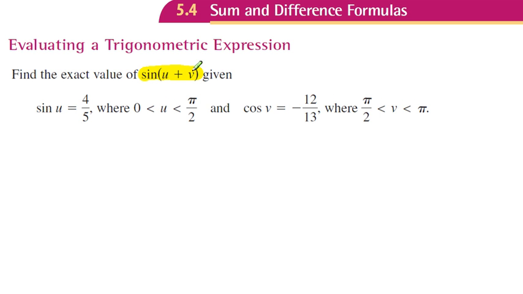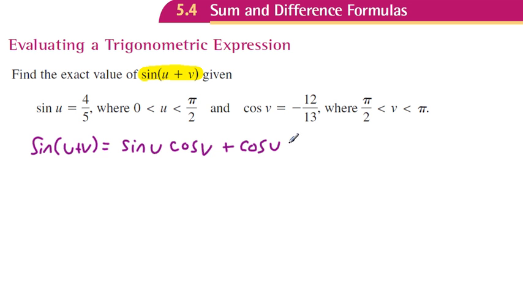So if we remember what the sine sum formula is, let's just go ahead and write that out. The sine sum formula: sine of u plus v is equal to sine of u cosine of v plus cosine of u and then sine of v.